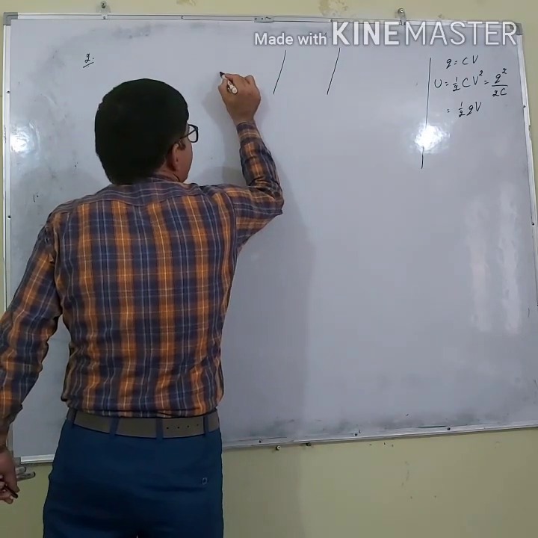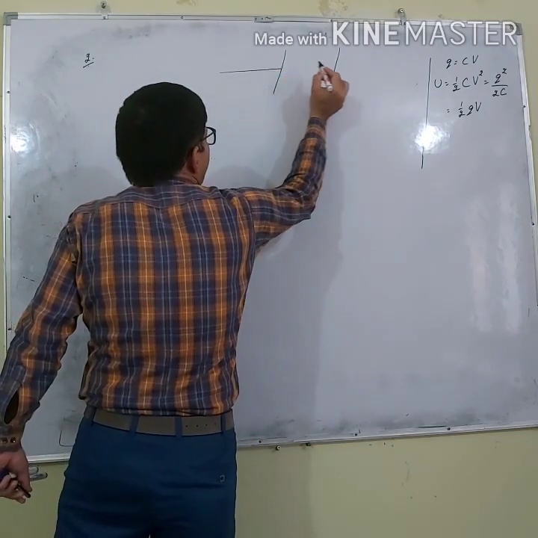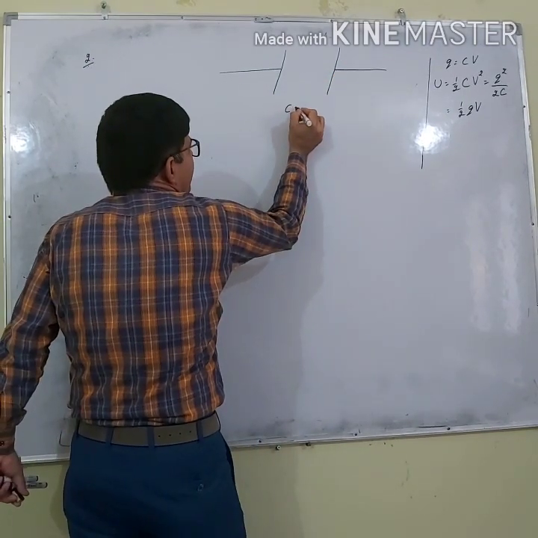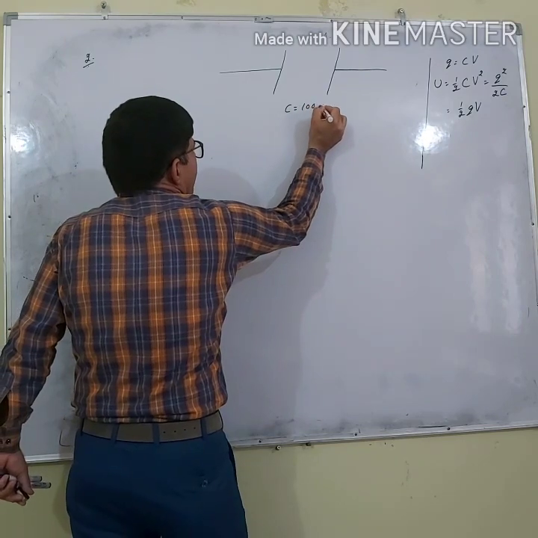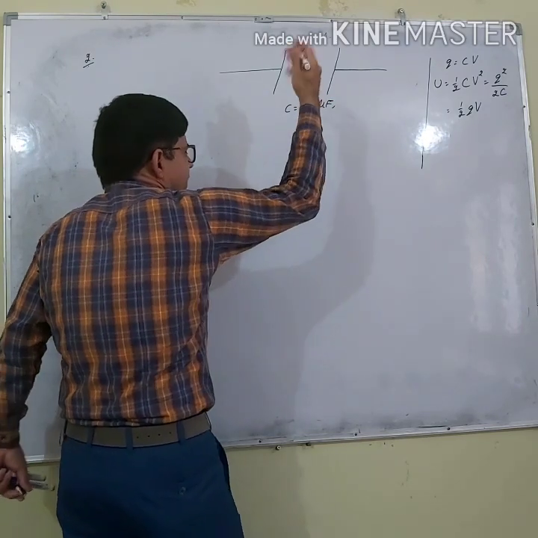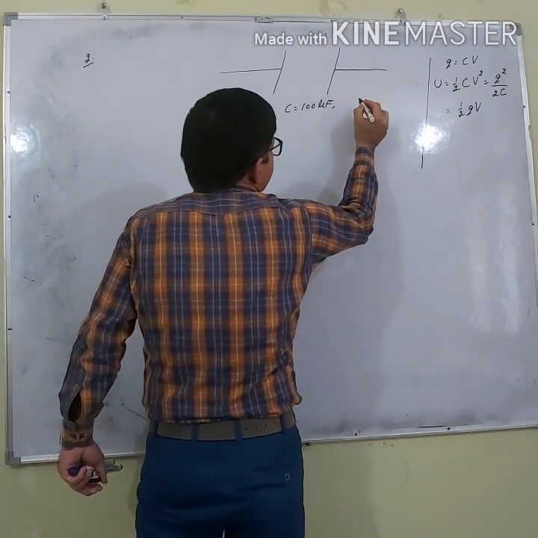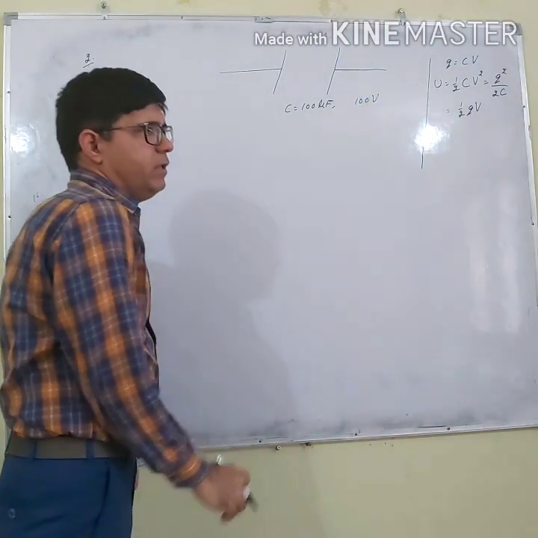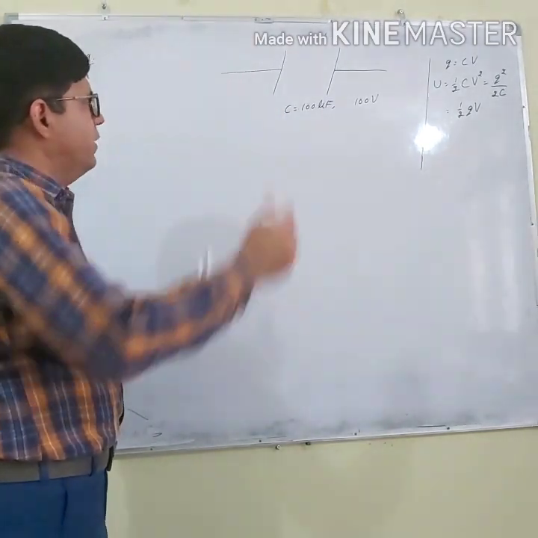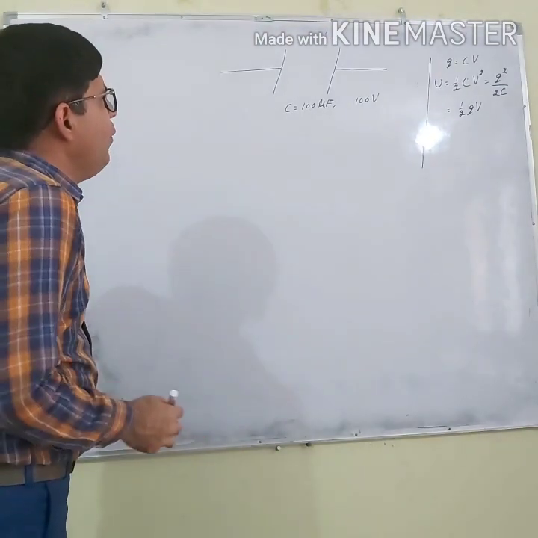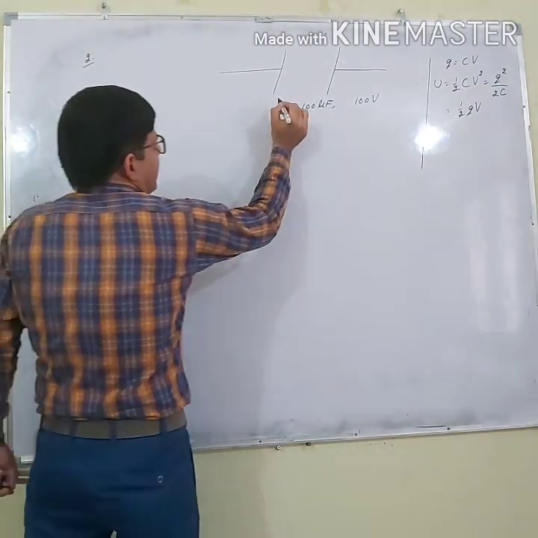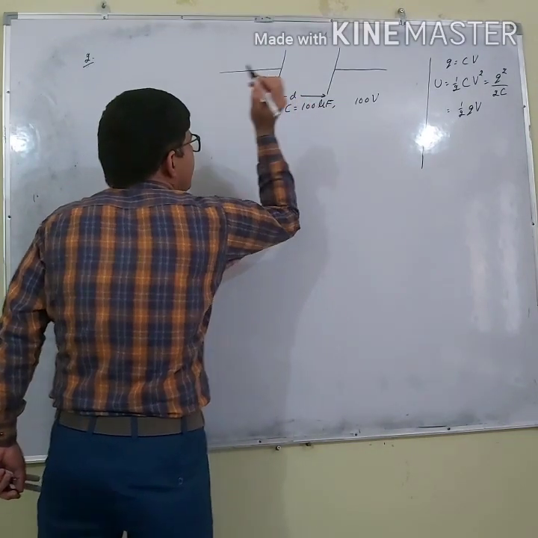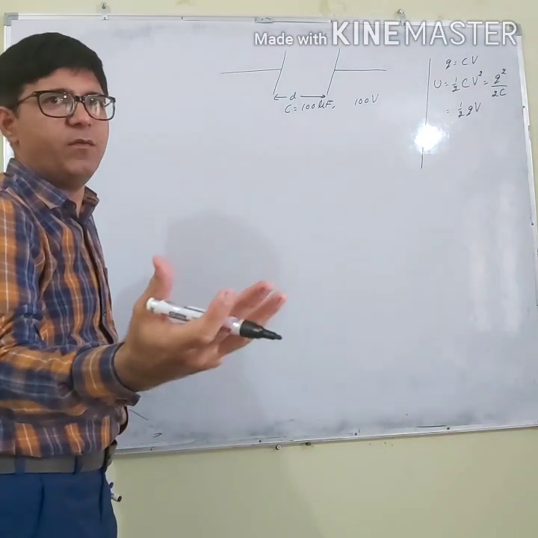This is the capacitor, and again its capacity is 100 microfarad, and it is charged to a potential of 100 volt, right? Now my question is, let us say D is the separation between the plates of the capacitor.